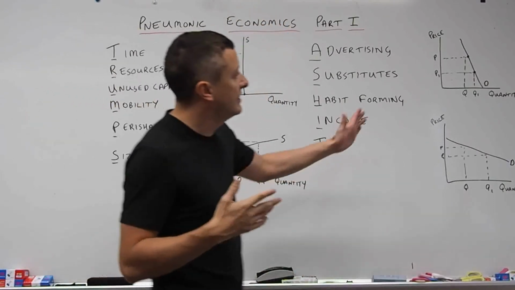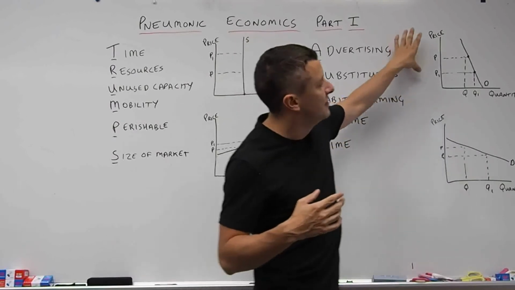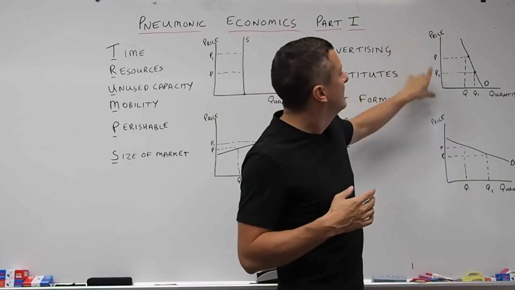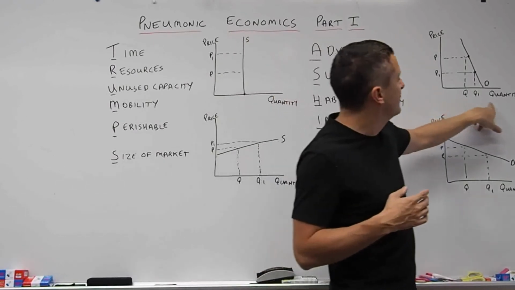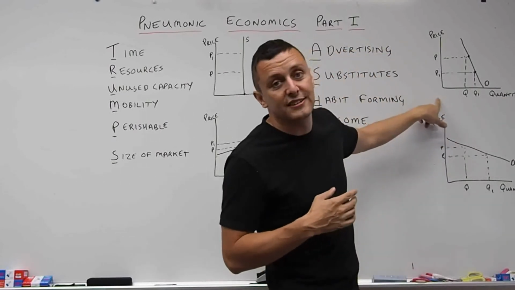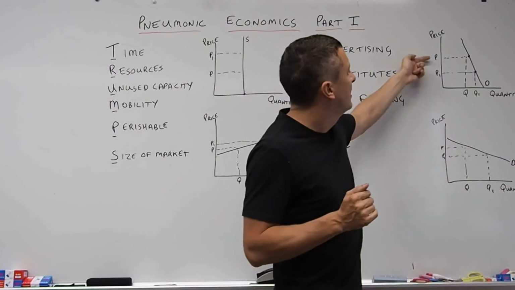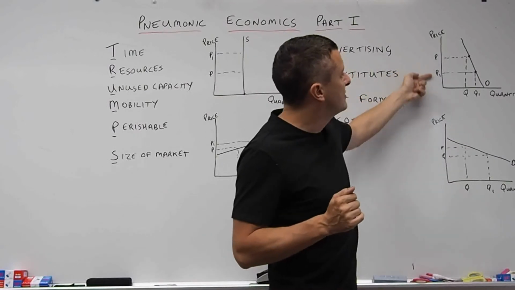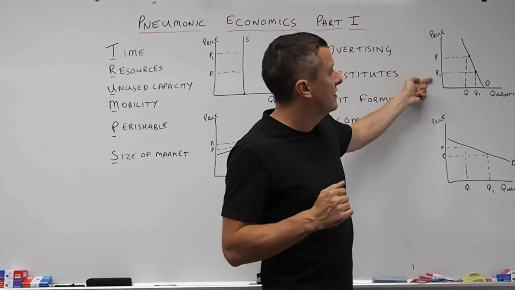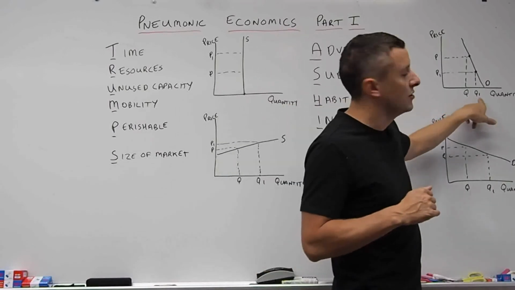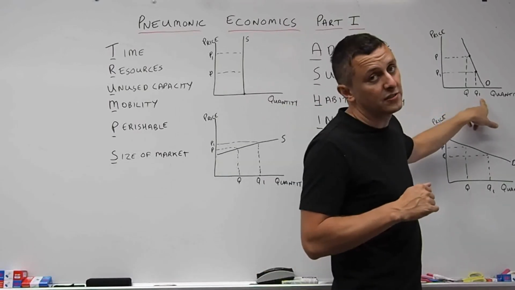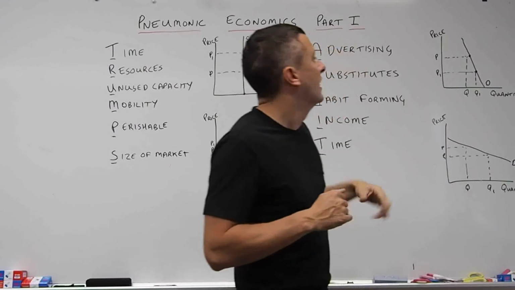So again, we have the diagram. Here we have a good that is relatively inelastic. Now that means that in this case, if the price decreases a lot, the quantity demanded only increases by a little. And the opposite is true.